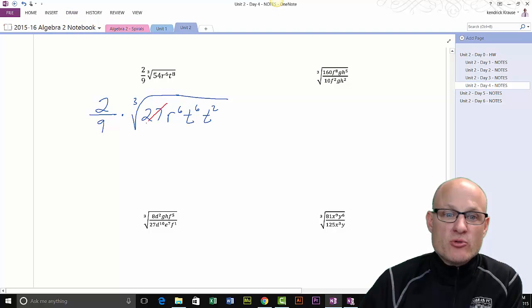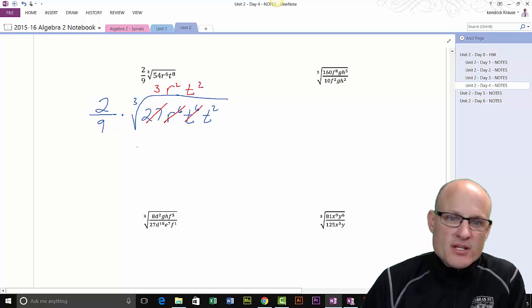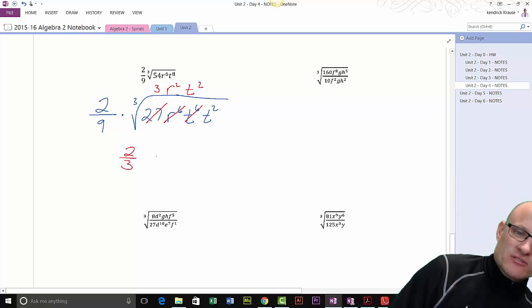So the cube root of 27 is 3. The cube root of r to the 6 is r squared. The cube root of t to the 6 is t squared. So 2 9ths times 3, you would find out that's just going to be 2/3. You can write 6 9ths if you want, but it's really just 2/3.